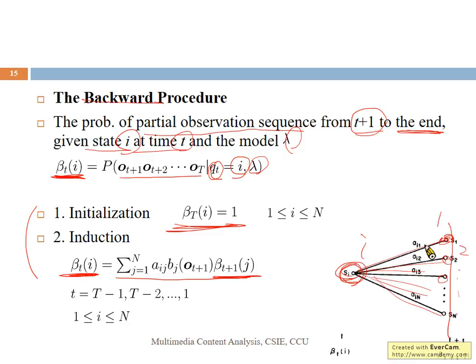So we sum over all possible succeeding states, beta t plus 1 j multiplied by the transition probability and the observation probability at time instance t plus 1. So this is how we calculate beta t i.